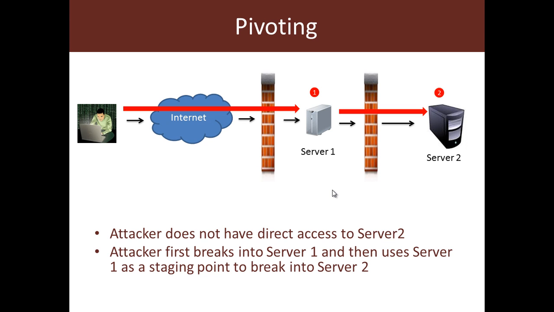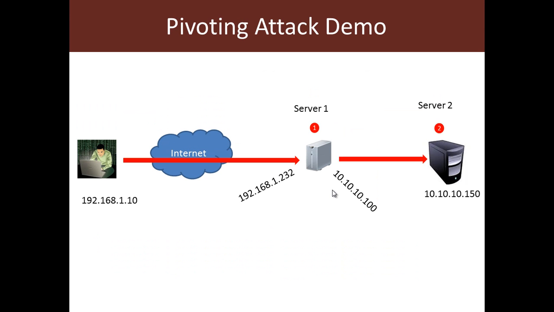So think of pivoting as a technique using which an attacker can break into machines much deeper into the network, to which he might not have direct access from where he is currently stationed. Right? So, the pivoting attack demo.